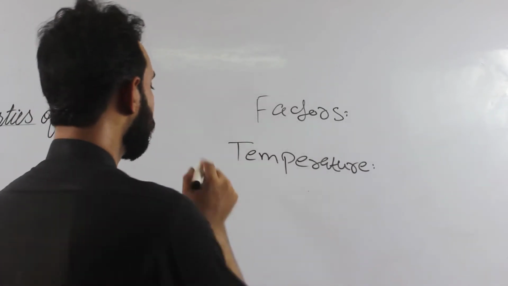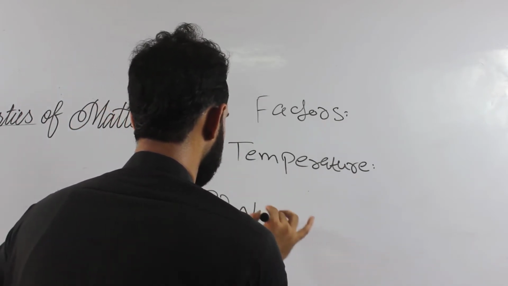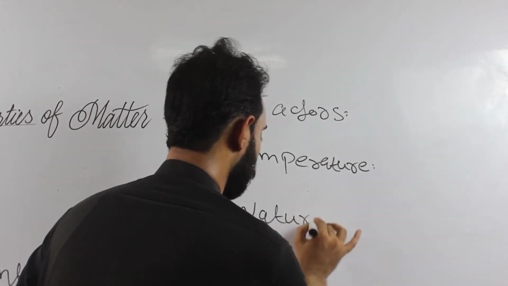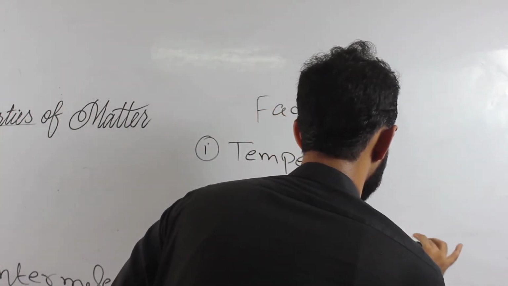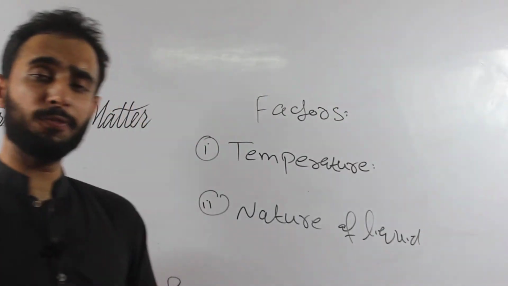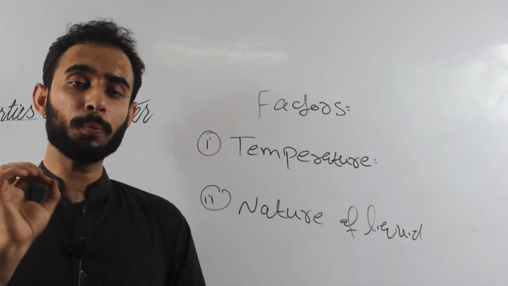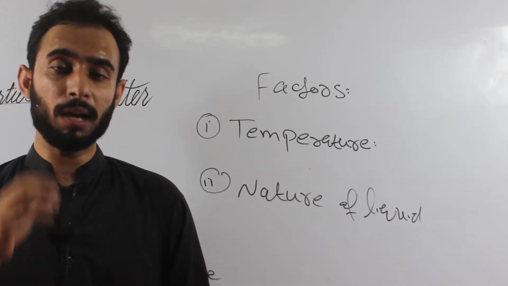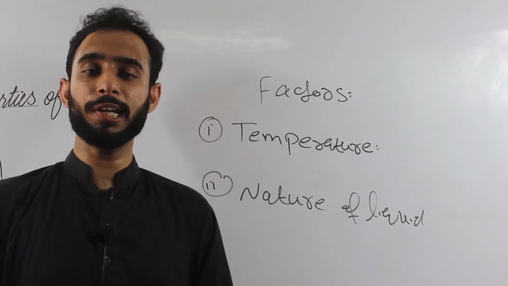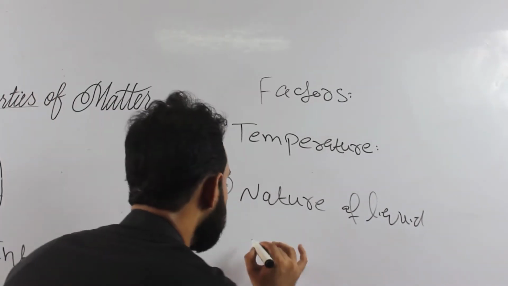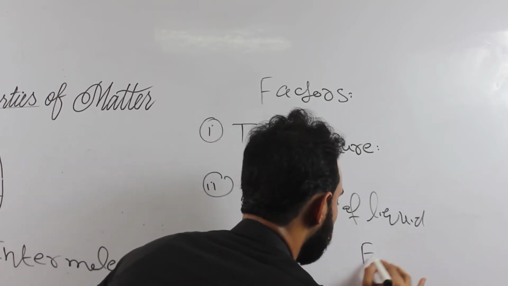The second factor is the nature of the liquid. Student, if a liquid's boiling point is lower, then its evaporation rate is high. If we take two liquids, one is water and the second is ether.